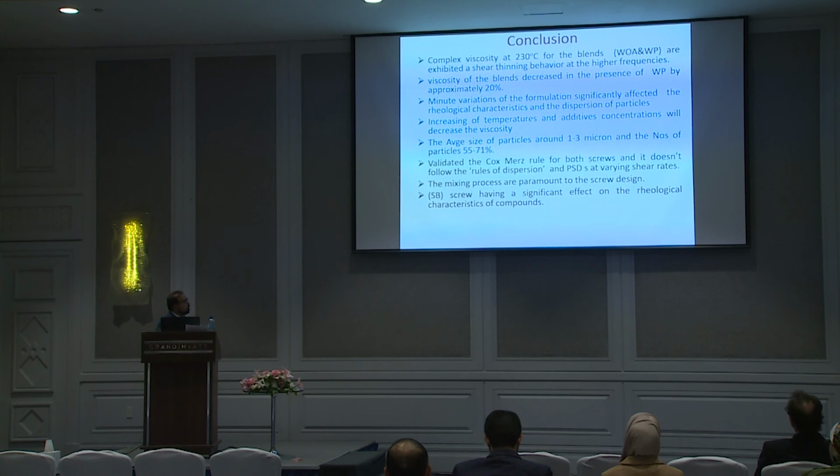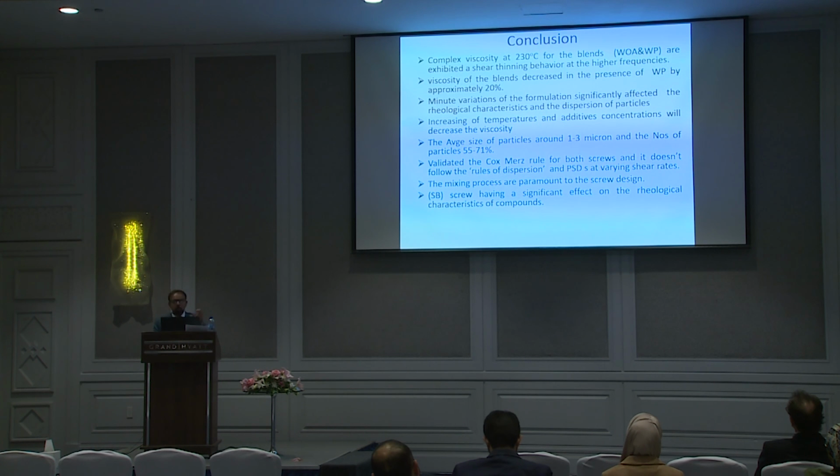So basically, we concluded that when we ran the experimentation at 230 and ran rheology, we found that with pigment the dispersion gets better, and comparing with and without pigment, there is around a 20% decrease in viscosity with pigment because the additives have an effect.